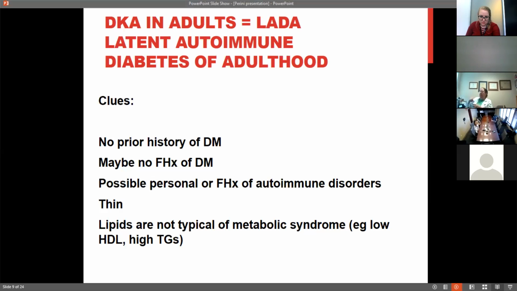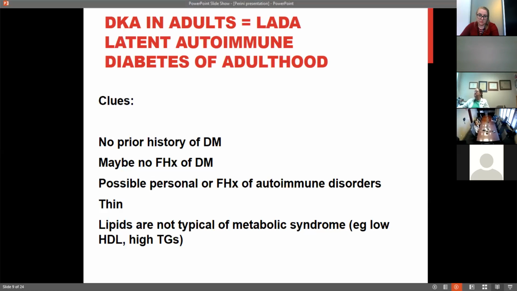For example, your HDL is usually low, your triglycerides are usually high, but if your lipid panel looks fine, your triglycerides are 90 and your HDL is 54 and nothing at all looks weird on their lipid panel, all these things should make you think that this person with hyperglycemia and new diagnosis of diabetes could in fact have type 1, so you want to look for it.